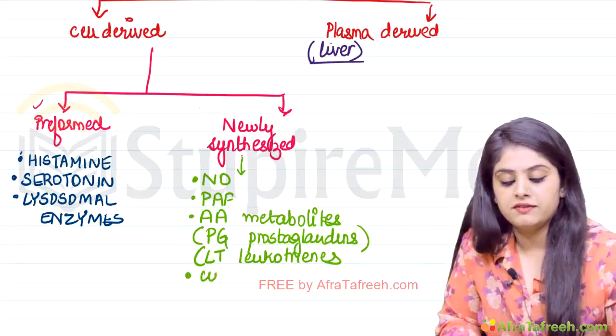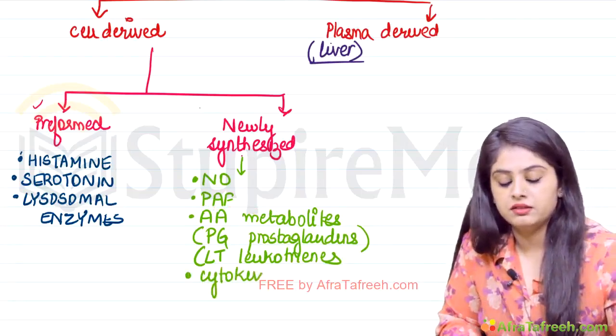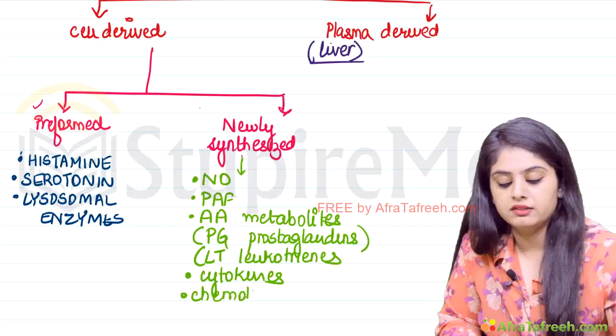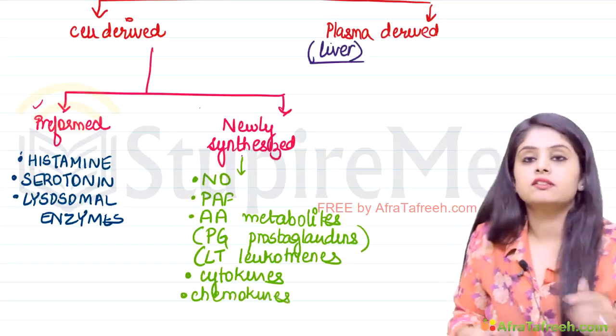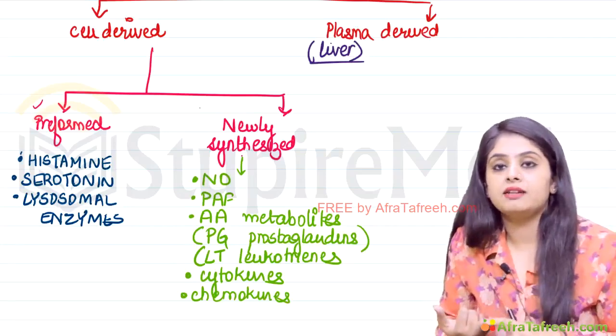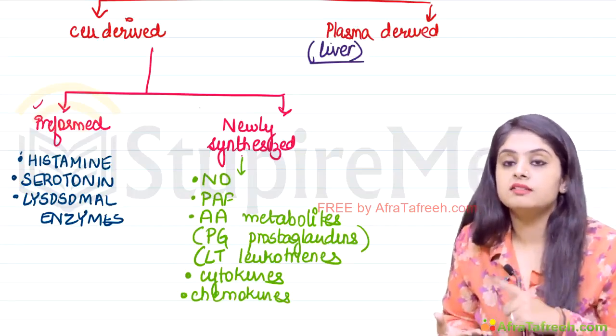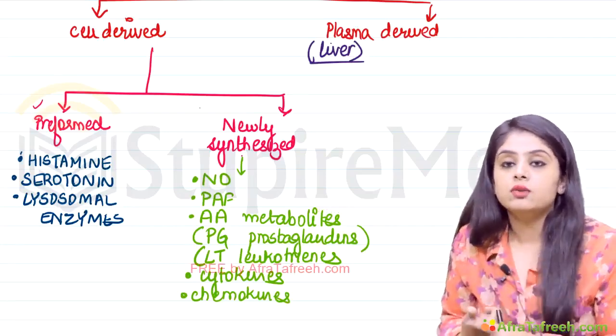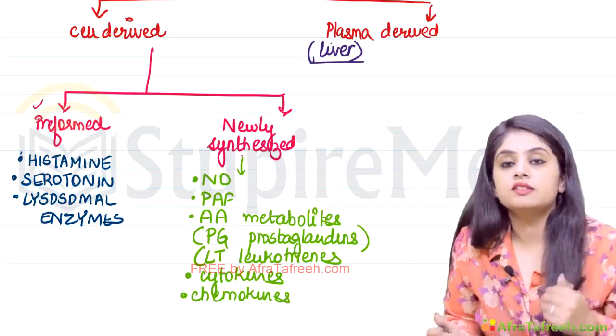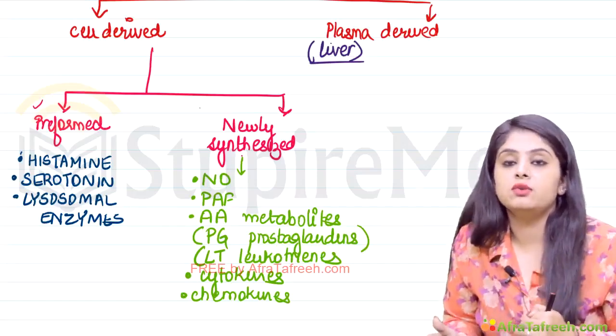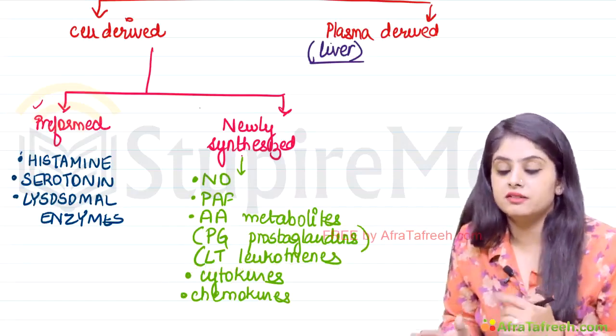Further, we have cytokines and we have chemokines. So friends, nitric oxide, platelet activating factor, prostaglandins, leukotrienes, cytokines and chemokines. This is the extensive list that you need to know of the newly synthesized mediators.